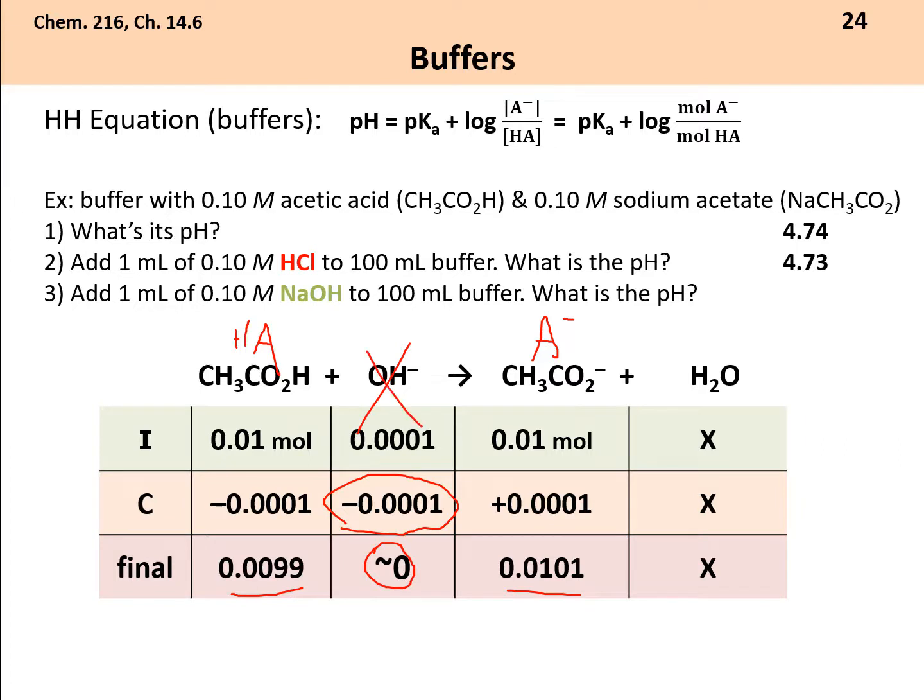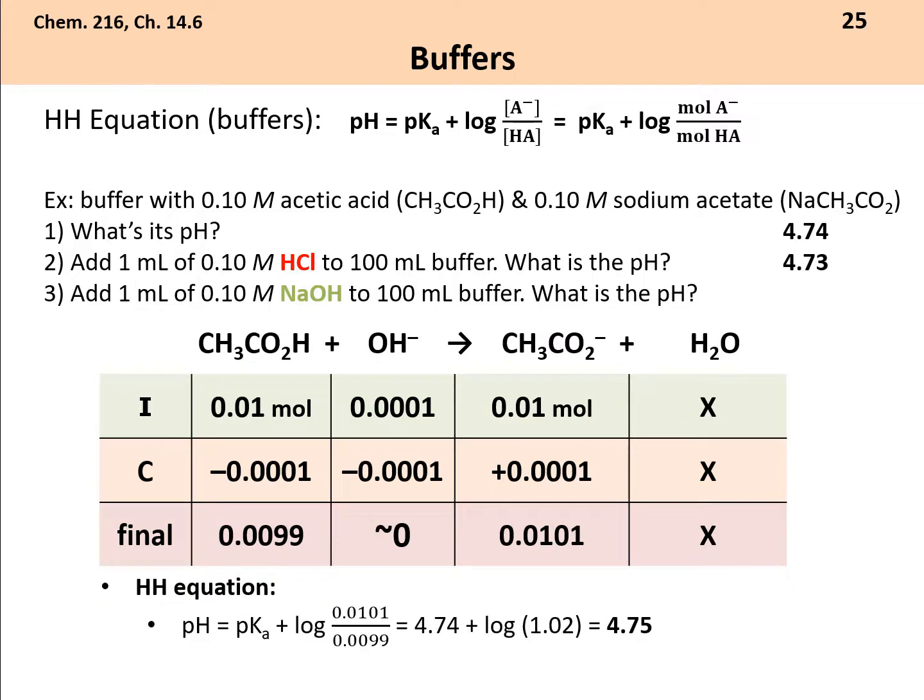Remember, this isn't in the buffer. This is changing the buffer. These two right here, these are the components of my buffer. So these are the ones that go into my Henderson-Hasselbalch equation. Okay? All right, so I get 4.75, and that's when I add in some base.